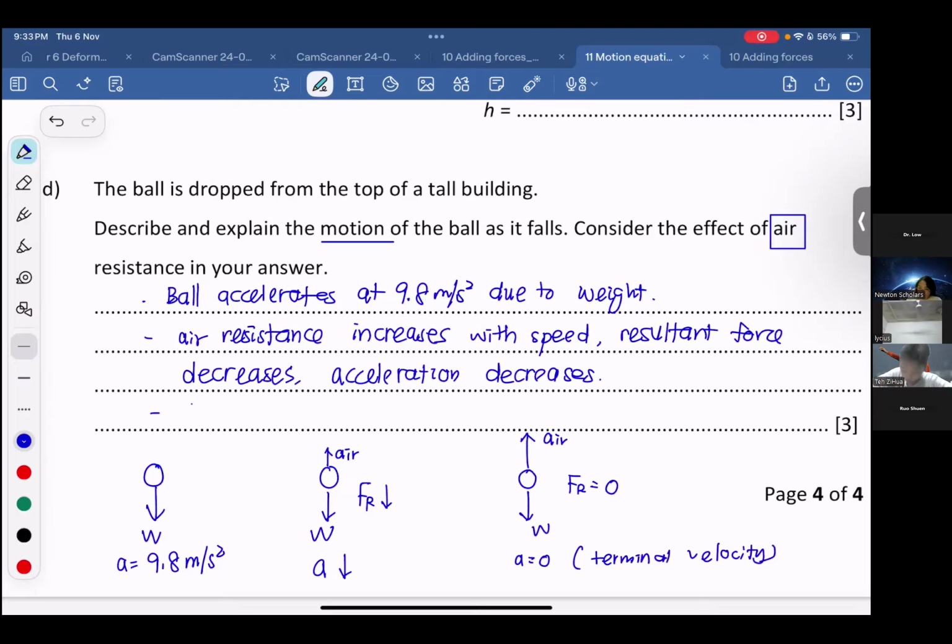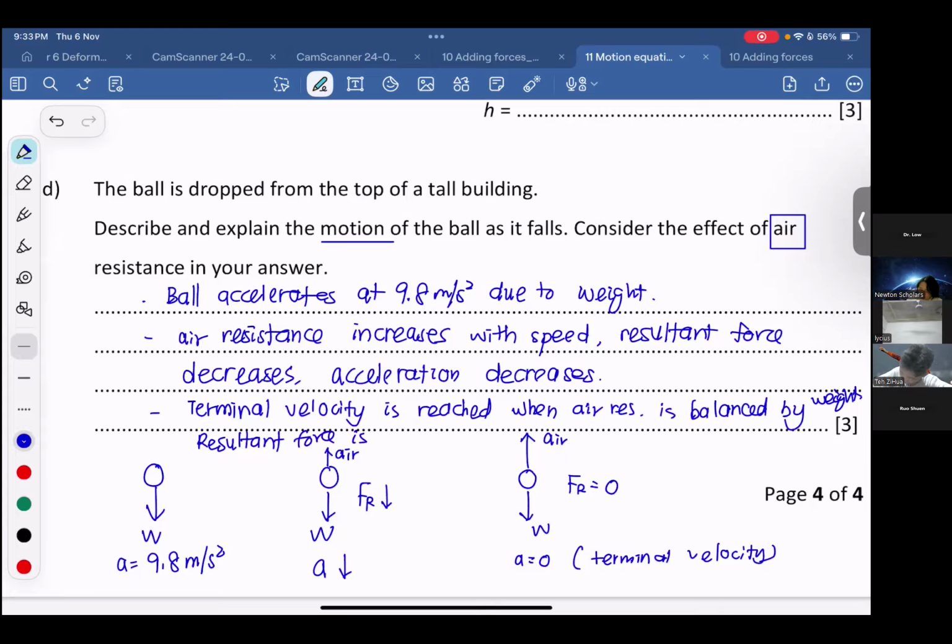So in the third case, terminal velocity can be achieved when your air resistance is balanced by the weight. Resultant force at this moment is 0.